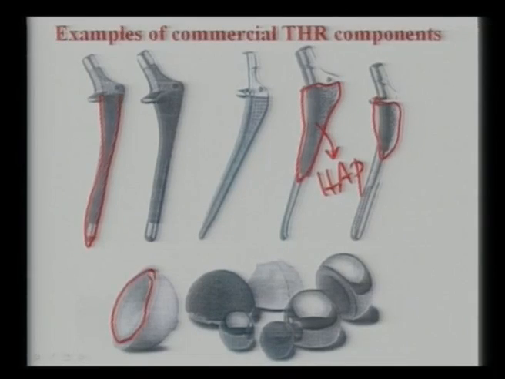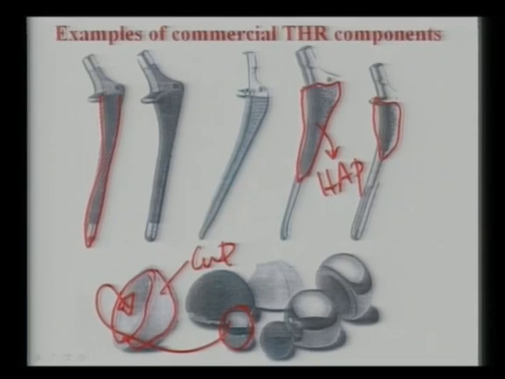Now these are the examples of the acetabular cup, which is typically used in this total hip replacement, and this cup can house this kind of femoral ball. So this can be directly fitted inside this acetabular cup during these total hip replacement operations.